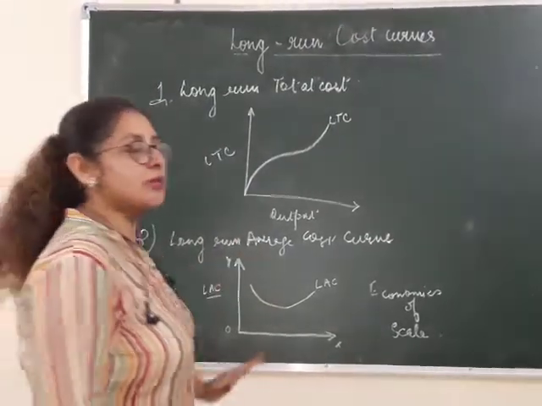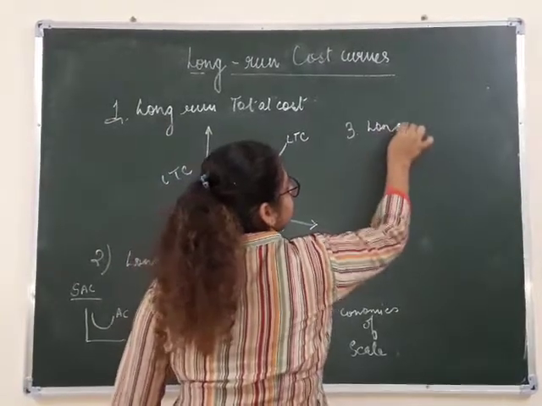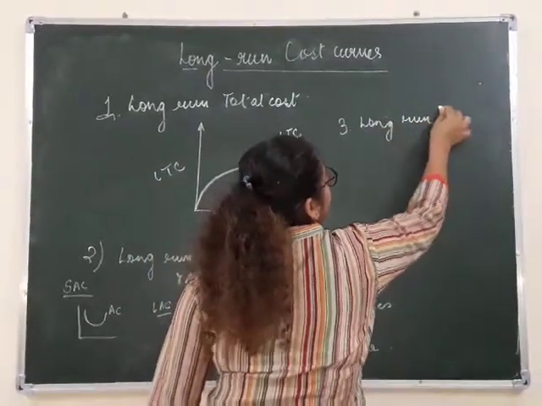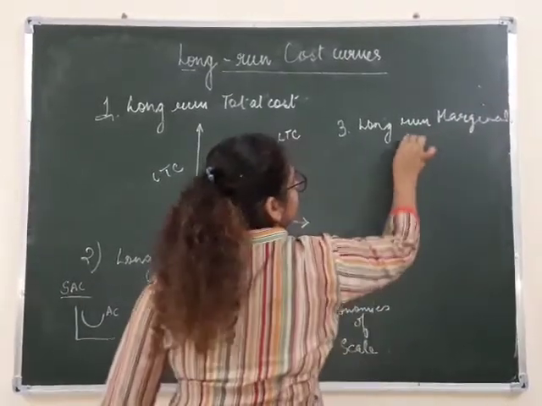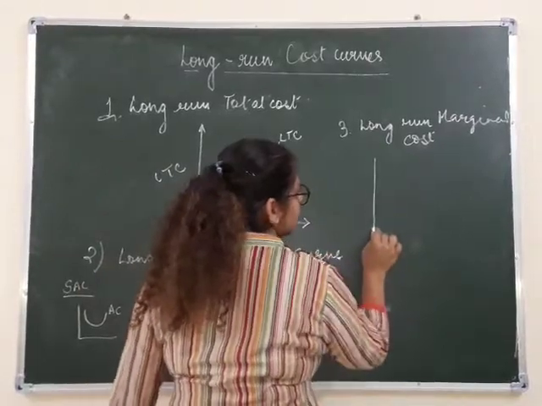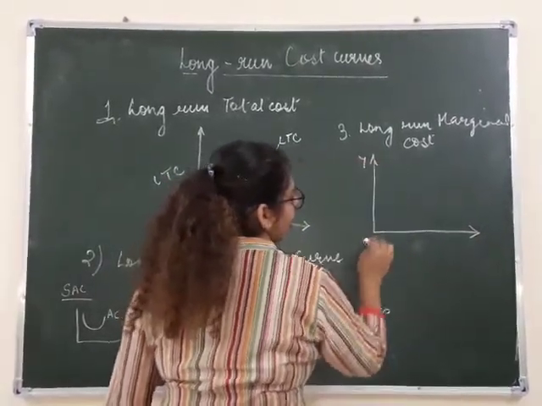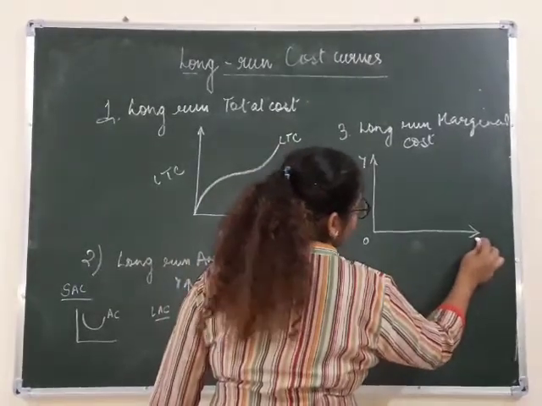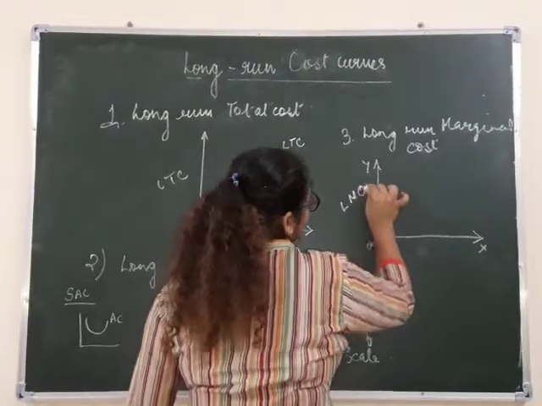And now the third heading is long run marginal cost curve. In the long run marginal cost curve, again the shape of MC in the long run is the same as we have studied in the short run.